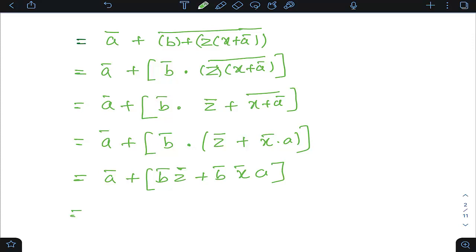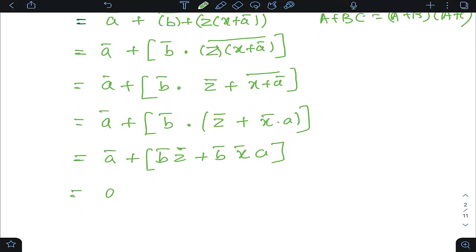So we have seen that A plus BC is equal to A plus B ANDed with A plus C. In the same logic, A bar plus A B bar X bar, I mean this term and this term I have written, and then I'm writing B bar Z bar.